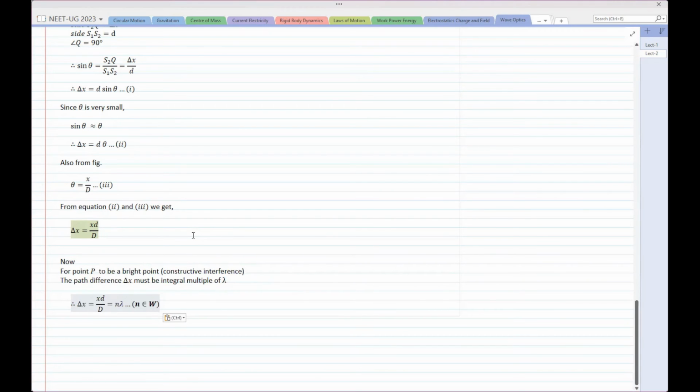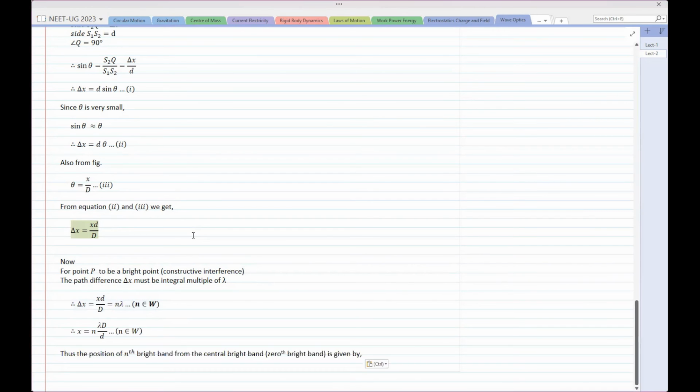So if you write it like this, delta X is equal to X D upon capital D is equal to N lambda, then X is equal to N lambda capital D upon small d. Right? It is N lambda capital D upon small d, because you are trying to satisfy this condition.